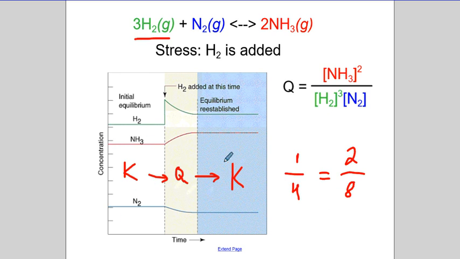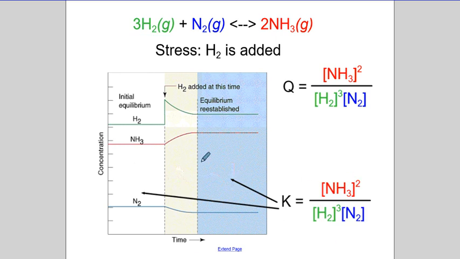This K and this K are the same number, but the values here and here are not. So again, both of these are K values. They use different values here, but they equal the same number.